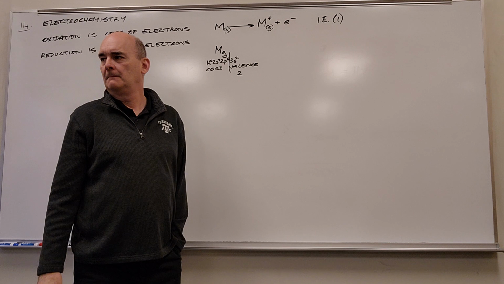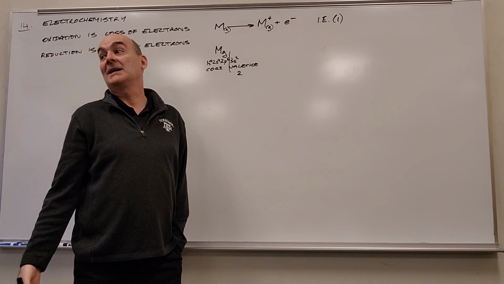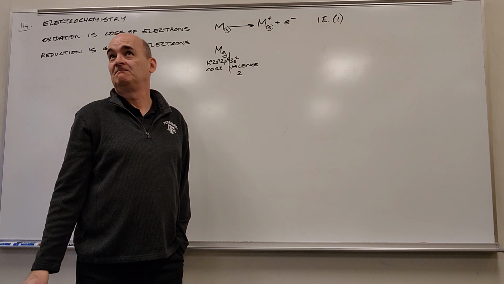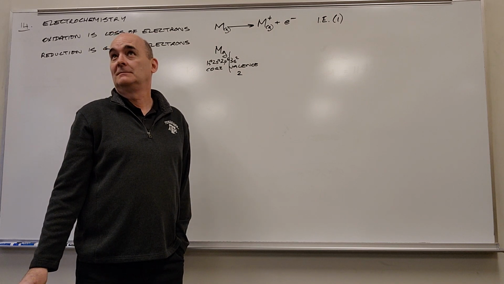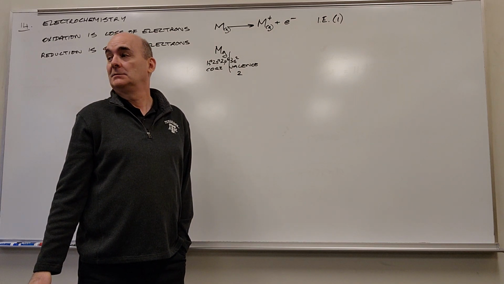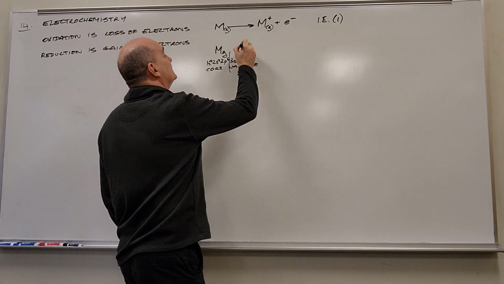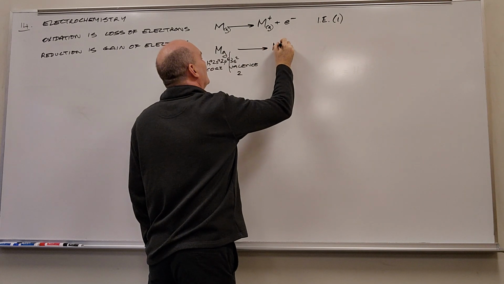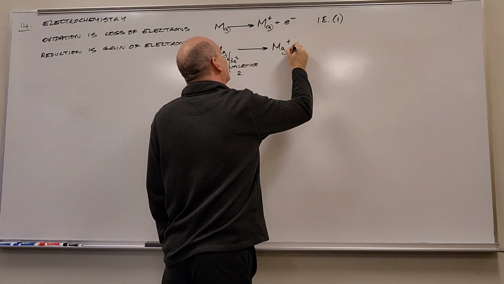Would that turn into a radical if you just had one? Technically, it's a radical because it's an unpaired electron. Technically. I haven't heard people call it that, but yes, that's what it would be.